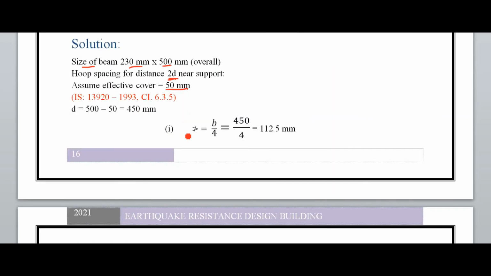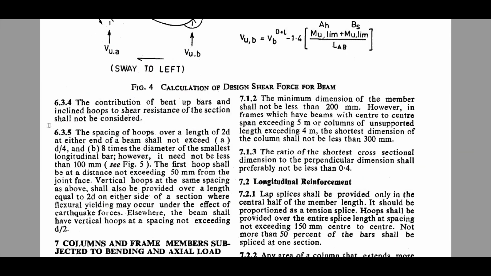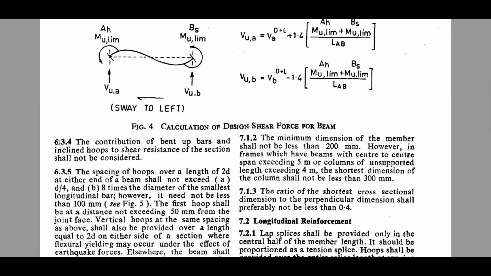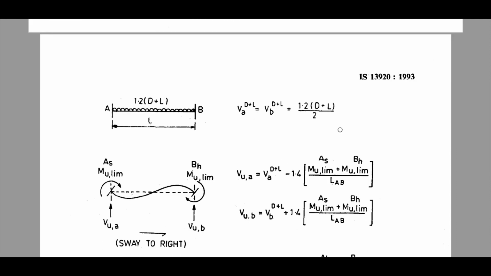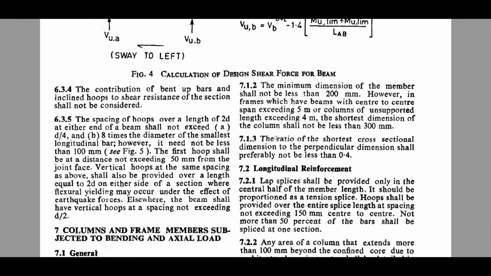For the ductile detailing of the beam we discussed in the lecture, there is IS 13920-1993 clause number 6.3.5. So let's check what this clause is. Here is IS 13920-1993 and here is clause number 6.3.5.